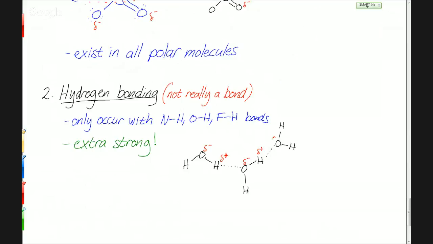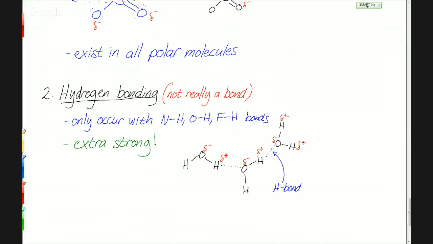So the only real difference here is that this is extra strong. And there's some other theory about this as being something even more than just charge attraction, but at this point we can think about it in the same kind of way. And so these things here are what are known as the hydrogen bonds.